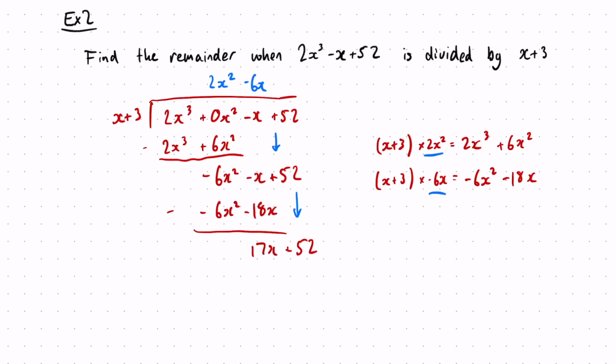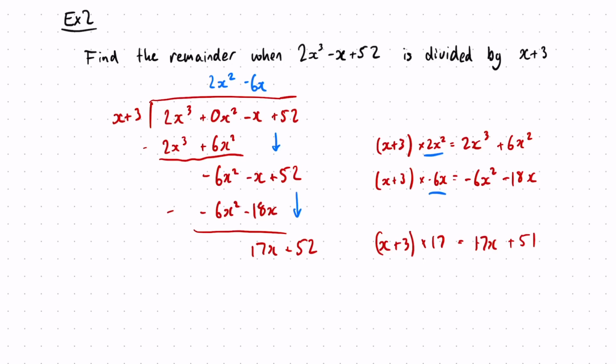Lastly, we're going to divide the 17x plus 52 by the x plus 3. So what do I need to multiply x plus 3 by to get that? Well, I need to get 17x, so I need to multiply this by 17. 3 times 17 is 51.